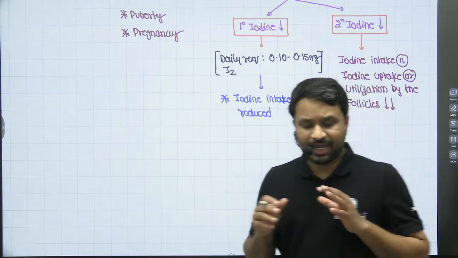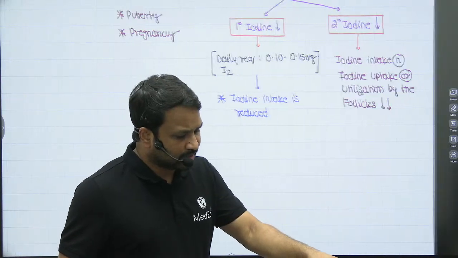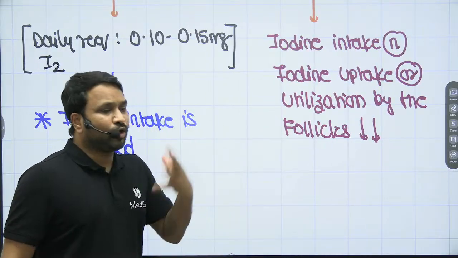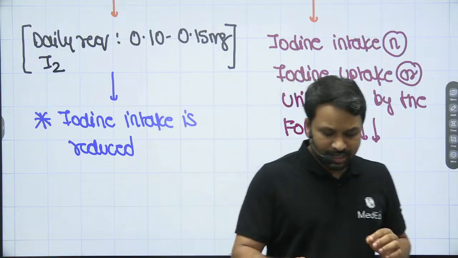That means the daily requirement of iodine is being taken, but the follicles are not able to utilize it.